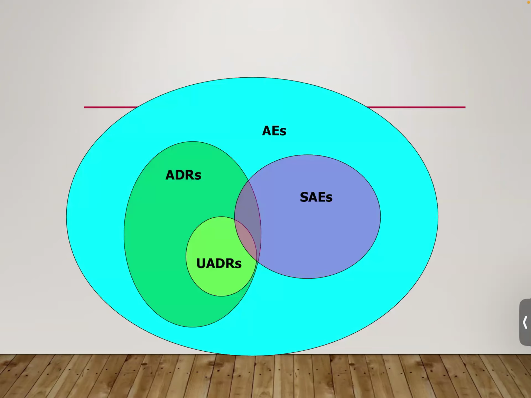I can explain with an example. Pay a little attention. Suppose in our trial there are 1,000 subjects. We are taking the example of a clinical trial, not a marketed product. This trial may be for 2 years.